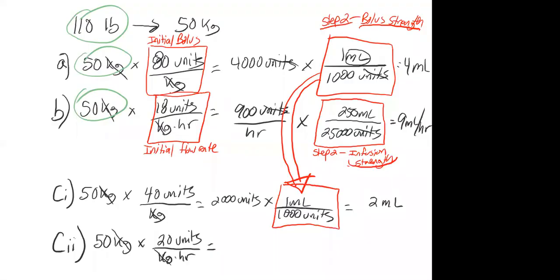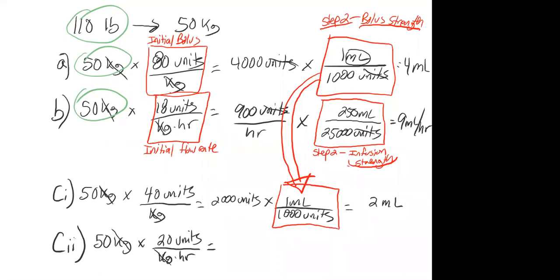I just like to make sure that it's just coming from adding 2 to the initial flow rate. So if it told me to add 4, it would be 22. If it told me to subtract 3, it would be 15. I always base it off of the initial.